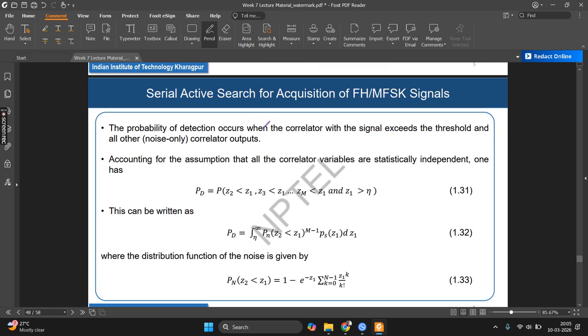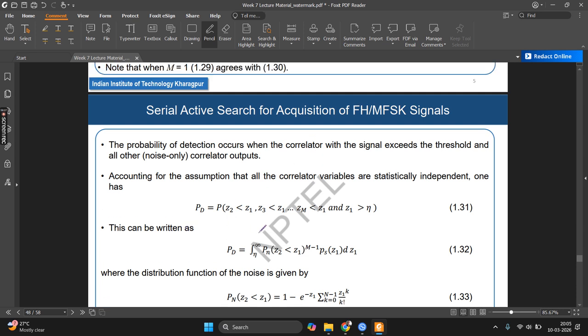The probability of detection occurs when the correlator with signal exceeds the threshold. So first was false alarm, but what if the signal itself was present? Now you have to do the threshold crossing such that one of them has crossed the threshold and the others have not. So Z1 is greater than eta and all the others are less.